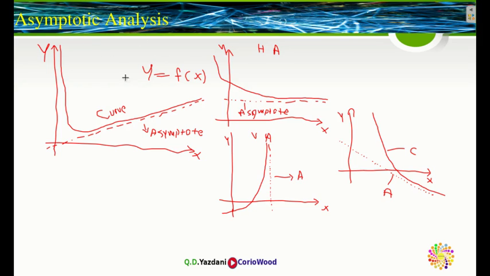In the next video I'm going to show you what we mean by asymptotic notation. We have a curve and a straight line, and it's the same idea in algorithms when we say asymptotic analysis. Say our input is 1, 2, 3, all the way to n.